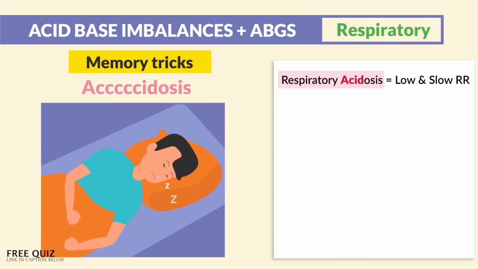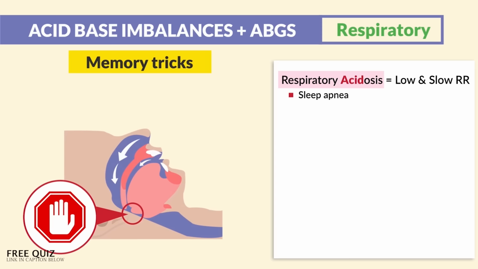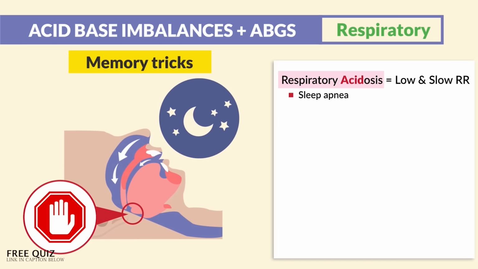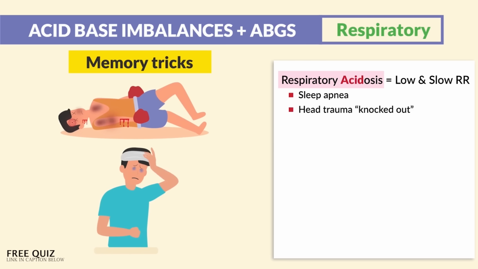They kind of sound like respiratory acidosis, sounding like someone snoring, right? So breathe slow in acidosis. So common causes are from sleep apnea, that airway obstruction at night, which can lead to acidosis, and head trauma from being knocked out, like in a boxing match.